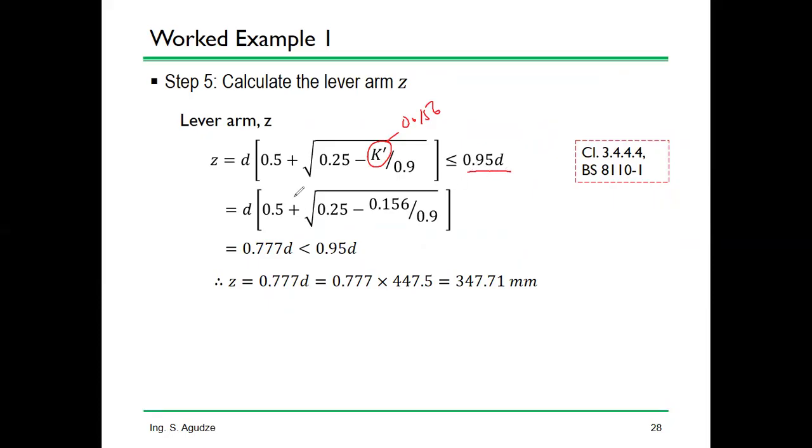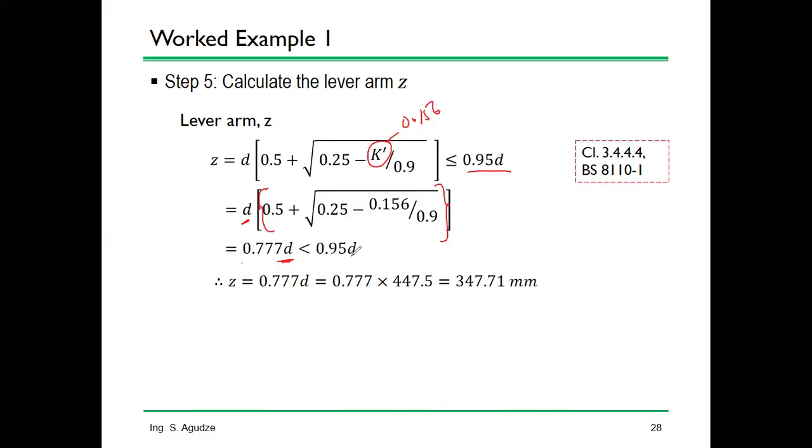So what I always entreat is that, first of all, you calculate what is inside this bracket. You need to ensure your calculator work is good enough. So if you can't put all together on your calculator, you do it bit by bit. Don't substitute the value of the D, okay? So in doing this calculation, you get 0.777D. Is that okay?